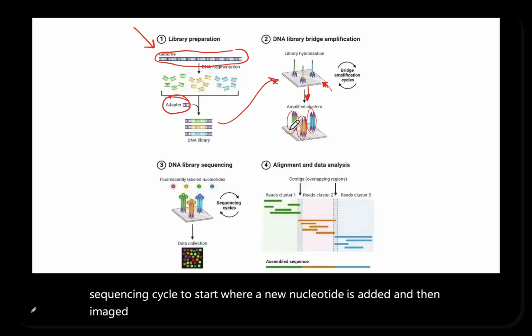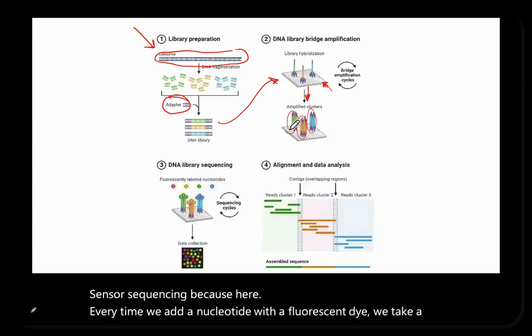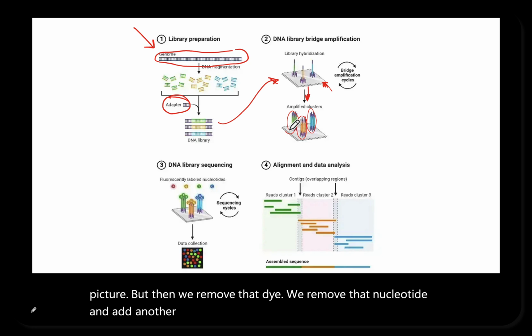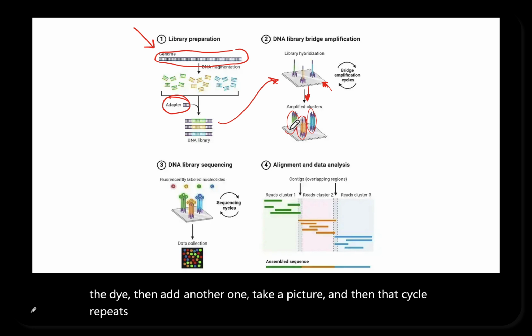Okay, so this is kind of similar to Sanger sequencing, because here every time we add a nucleotide with a fluorescent dye, we take a picture. But then we remove that dye and add another one, and then we take another picture. We remove the dye, then add another one, take a picture. And then that cycle repeats over and over.